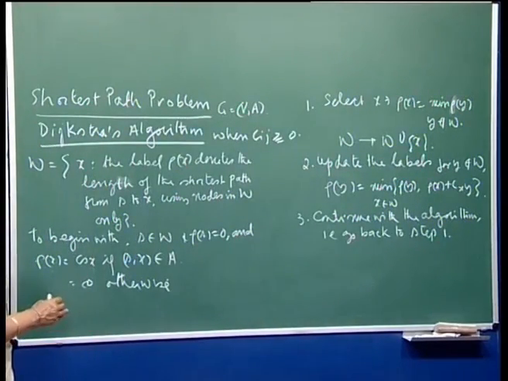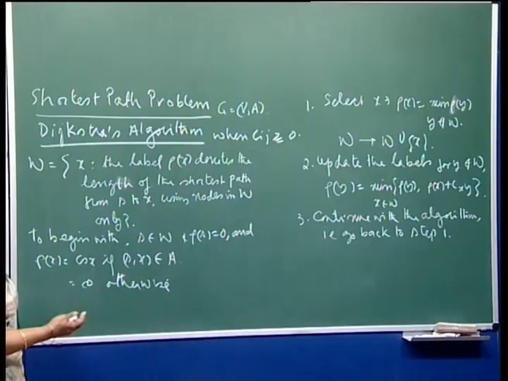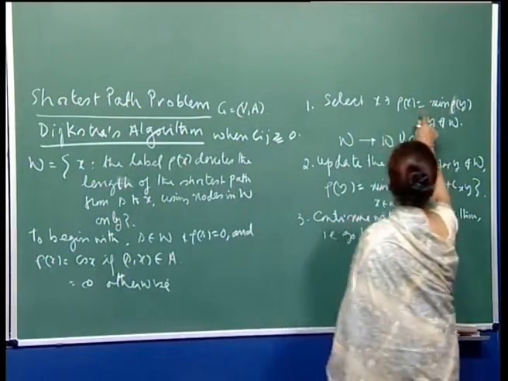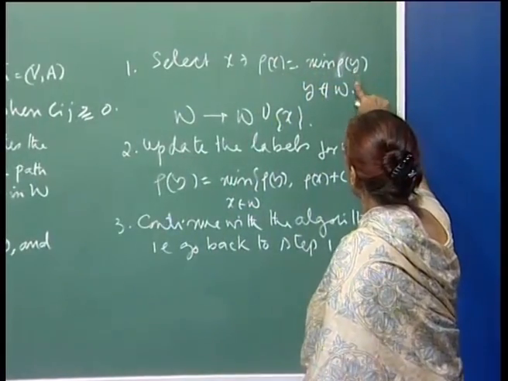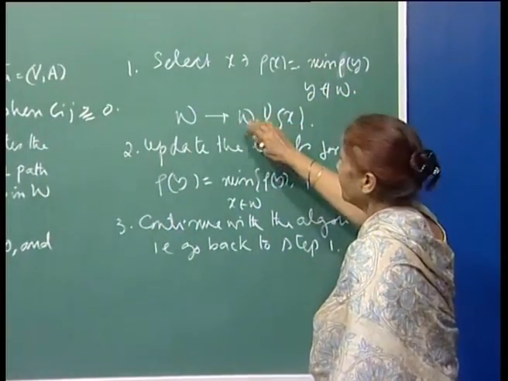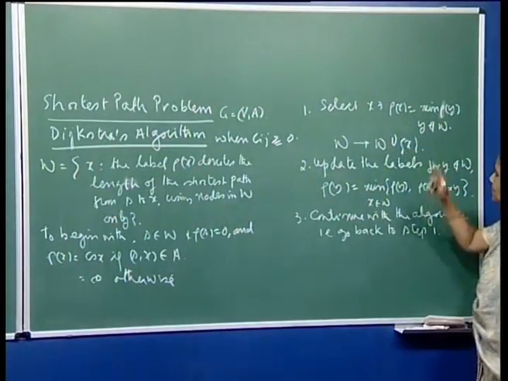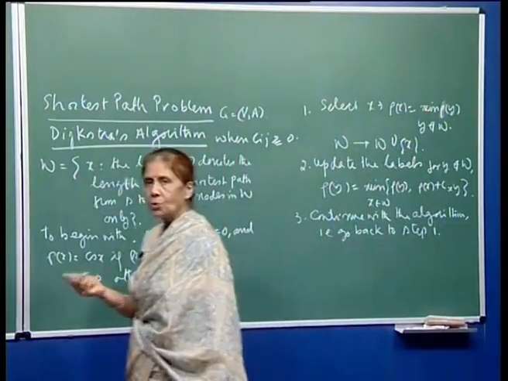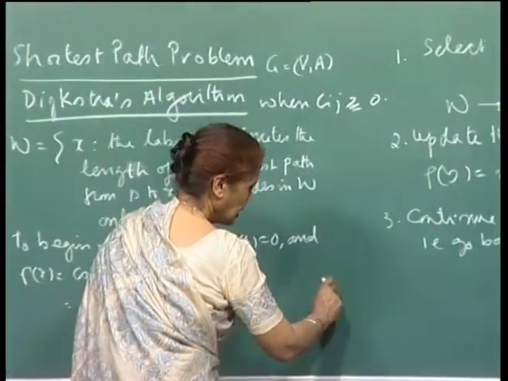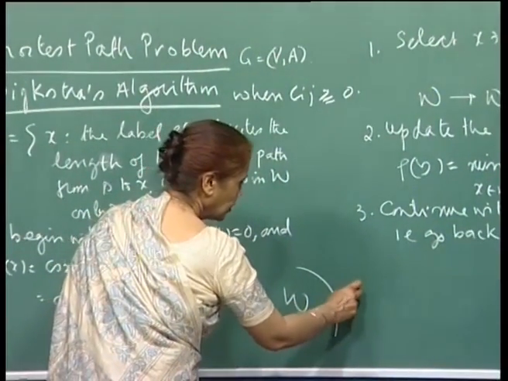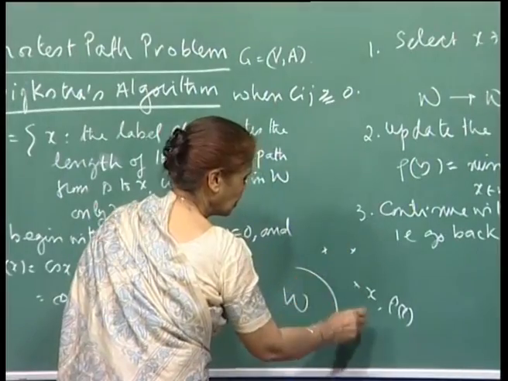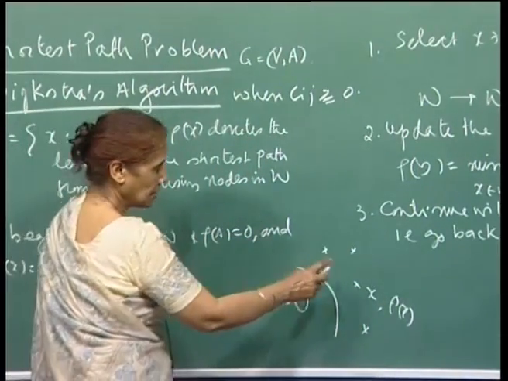Now I have to validate the algorithm, which means what you end up with should be your shortest path to the node T. The moment you select a node with this criterion, X becomes part of W, and by our definition rho X must represent the length of the shortest path from S to X. Pictorially, I have this set W here, and a node X here, which is the minimum one, because there are many other nodes outside W. I choose the one with the smallest label.